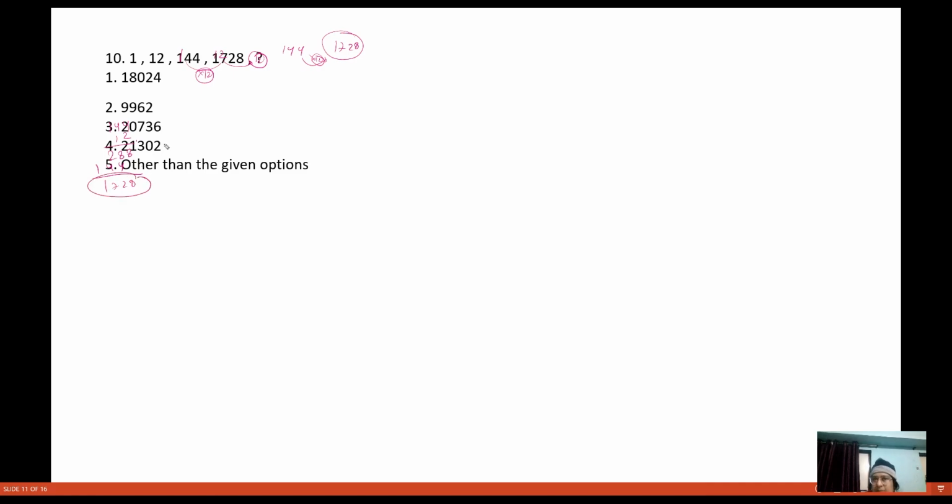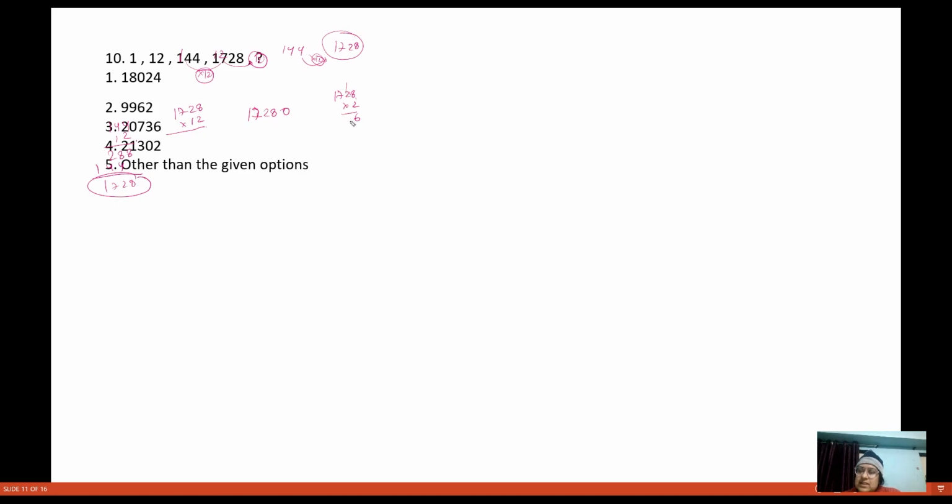This is very simple. So let us multiply this 1728 by 12 as well. When we multiply this 1728 by 12, basically I will multiply this by 10, so I'll get 17280, and then I'll add 1728 into 2.